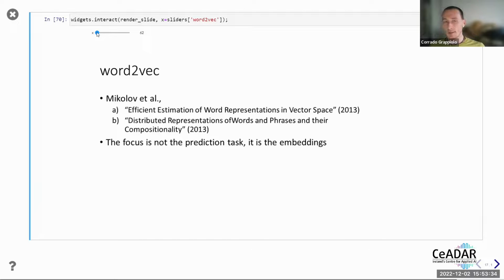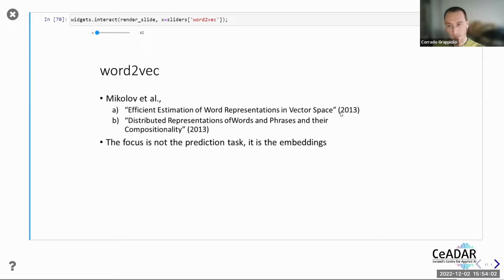The word embedding research, in my opinion, really exploded in 2013 with the work of Mikolov and colleagues, specifically with the definition of a model called word2vec that focused on learning word embeddings given a corpus in a self-supervised manner.